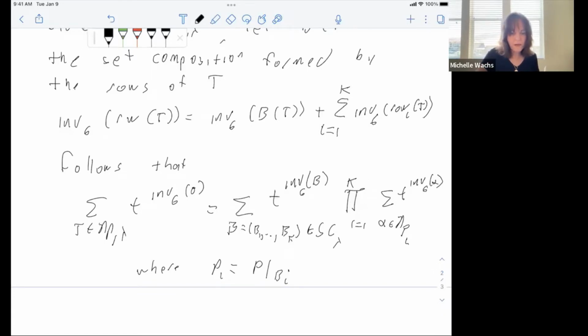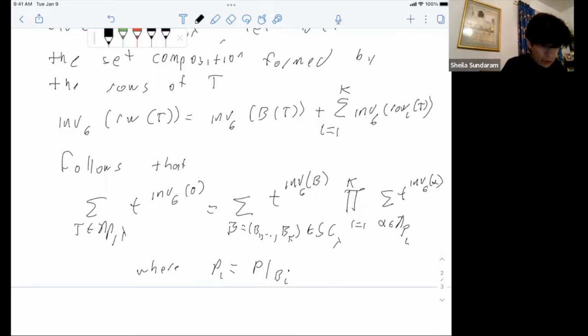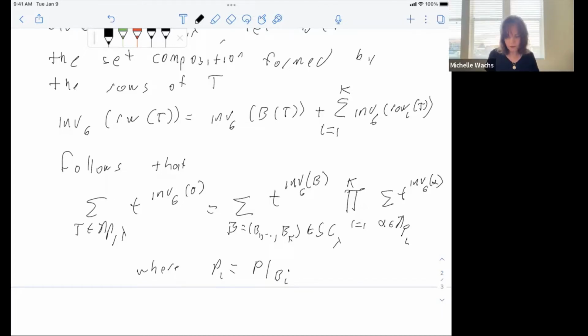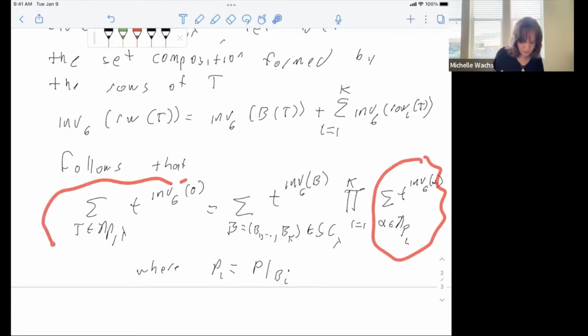So that's how we can relate just the permutations with no P descents to this polynomial.